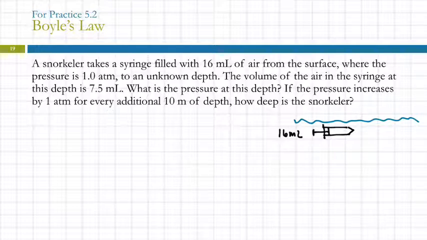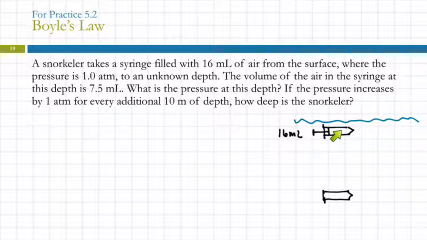And then we're going to take it down below the surface. So down here somewhere, the pressure is greater. In this syringe, there's a pressure of the gas inside because it's sealed off at this end. And then there's this plunger, right?